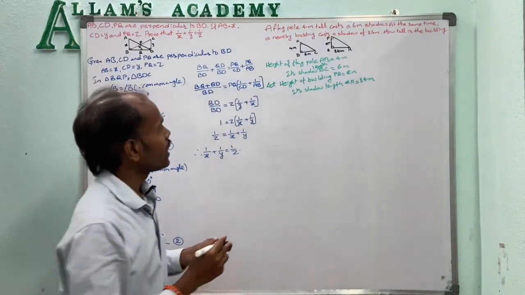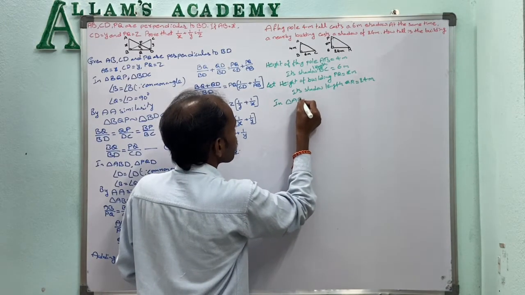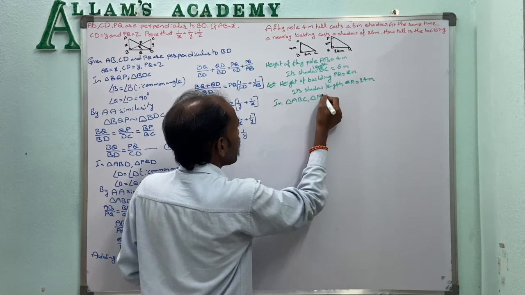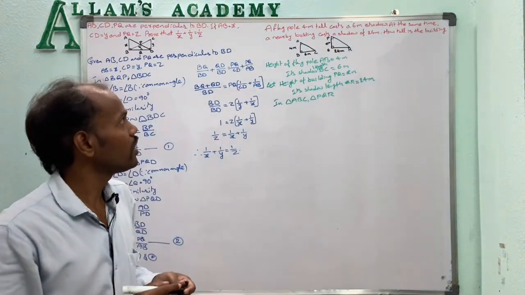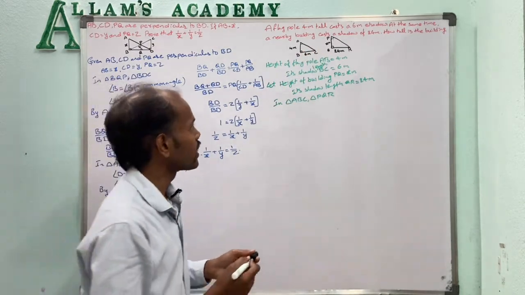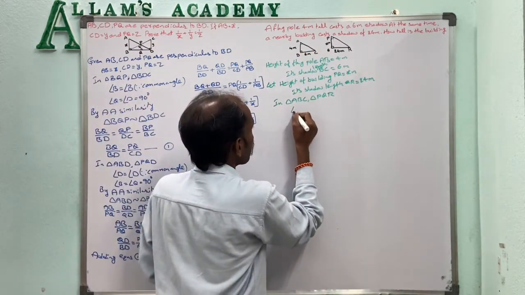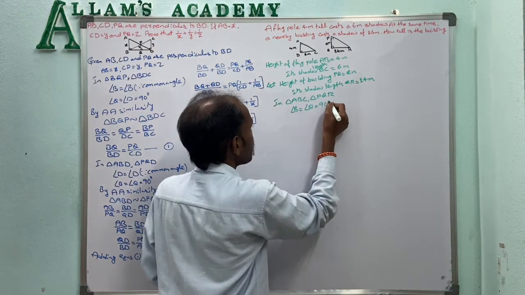Now here triangle ABC, triangle PQR, both triangles we observe, they are perpendicular at the base. So angle B equal to angle Q, that is nothing but 90 degrees.